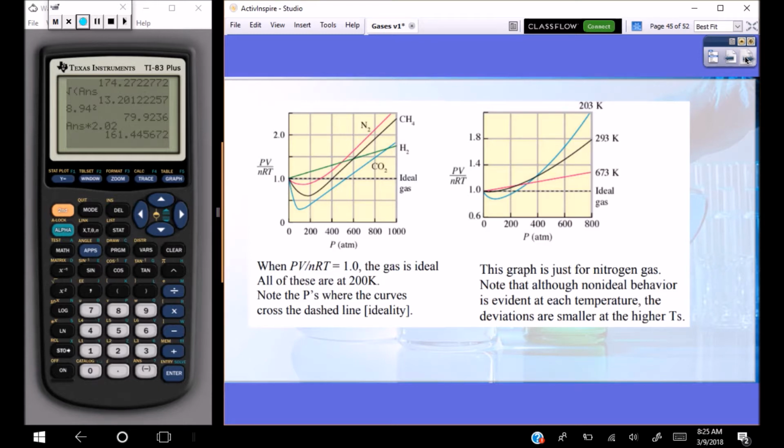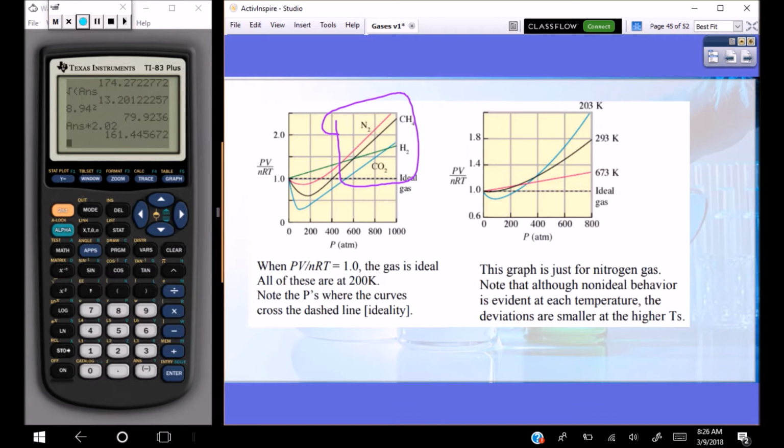And every gas does have an ideal pressure and temperature at which it behaves ideally, but as we get farther away, once we get up to higher pressures, we see that everything is very far off from the ideal gas law. So in this first graph, everything's at 200 Kelvin, so they're at the same temperature, but as we increase the pressure, they're going to be further and further away from ideality.